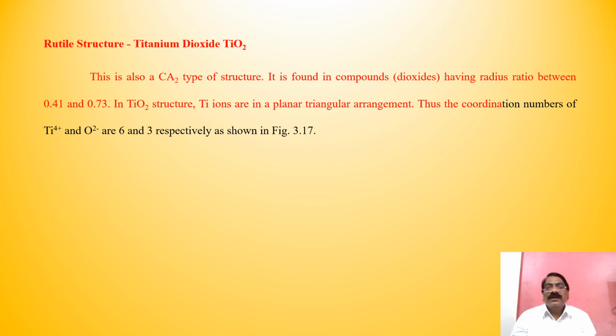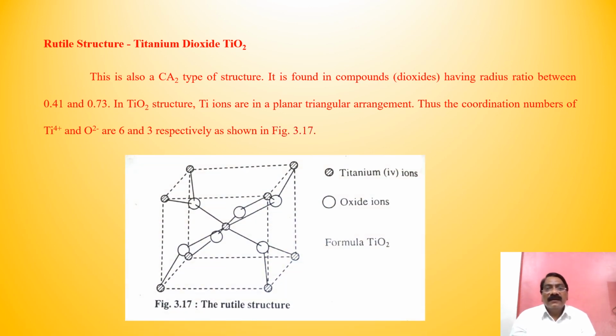Thus, the coordination number of Ti4+ and O2- are 6 and 3 respectively, as shown in figure. See, these dark smaller ions are the titanium 4+ ions, and larger hollow oxide ions. A formula for this is the TiO2. It is called as Rutile structure.